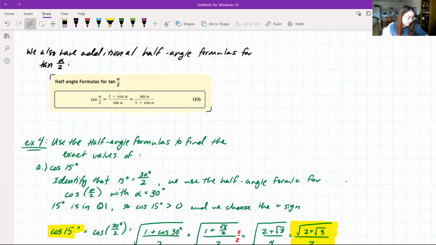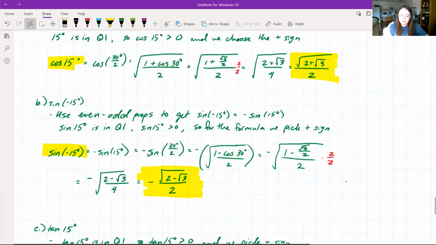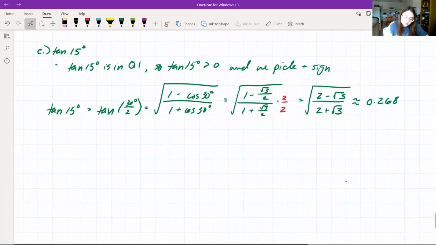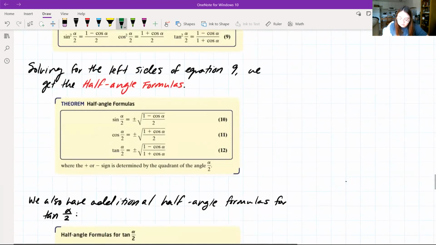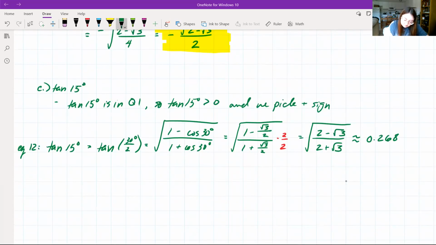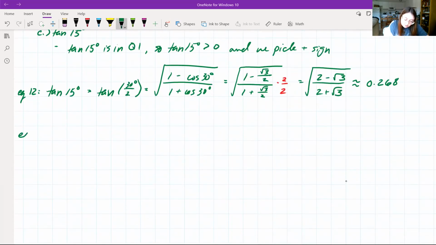So let's do our next one. Our next value was going to be 1 minus cosine of alpha divided by sine of alpha. So this is equation 12. This was equation 12. So now we use equation 13a, so that first one.